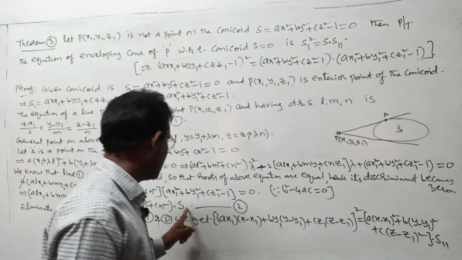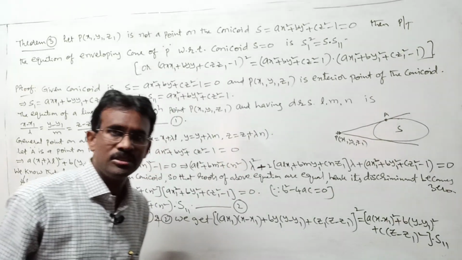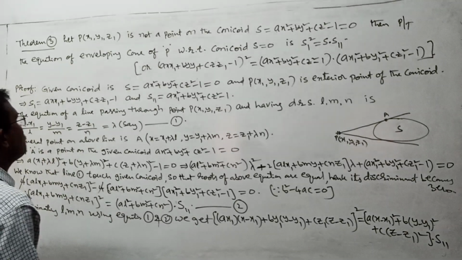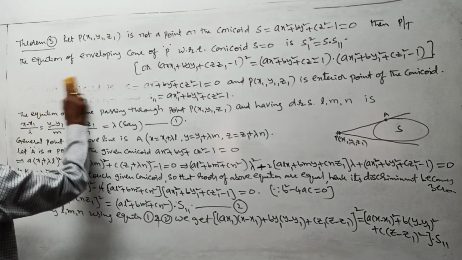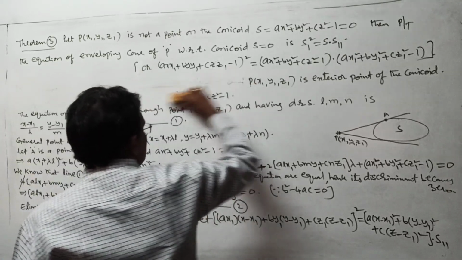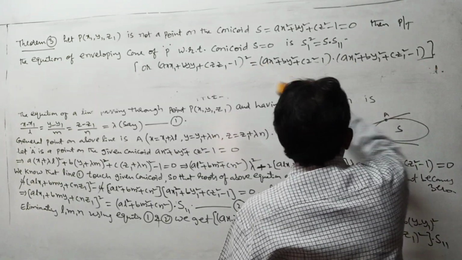This S11 I have written as it is. Any doubt is there? In the next step, we just have to do some mathematical work now. I want to remove these lines. Just simple mathematical work we have to do in the next step now.